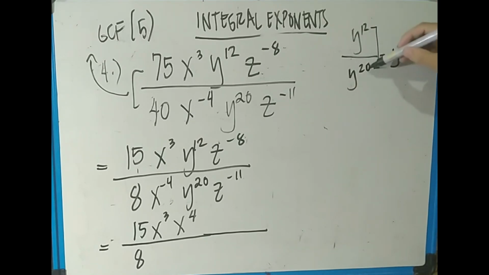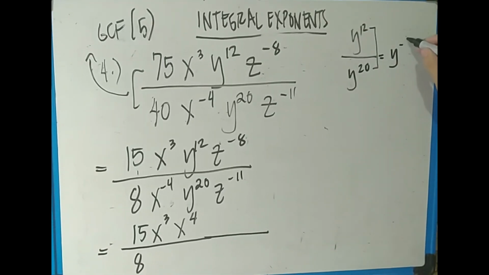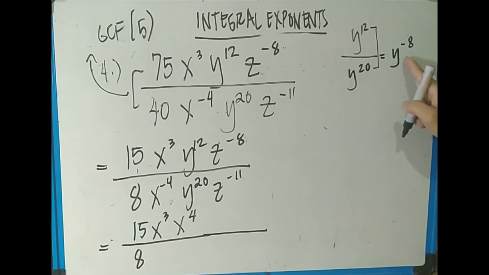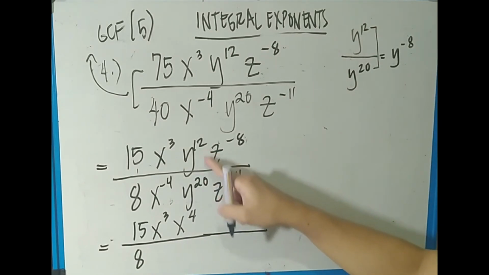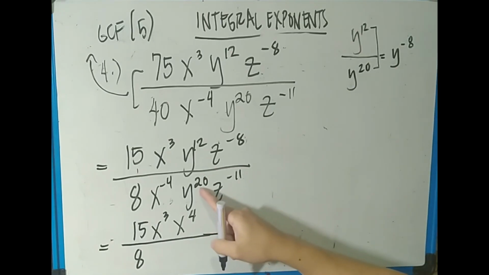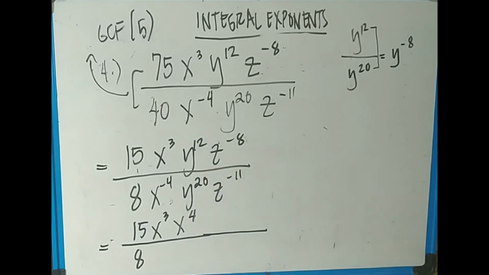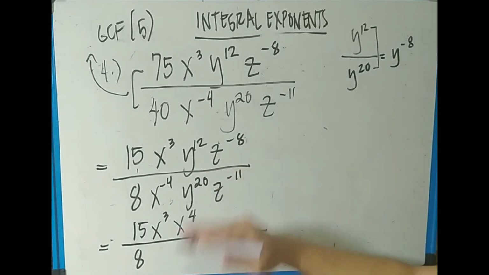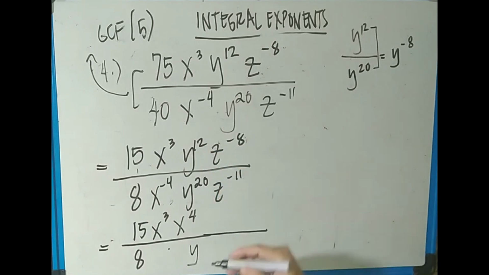So we have 12 minus 20 will give us negative 8. Since negative siya, and greater ang 20 sa baba na exponent and mas mababa yung 12, ang y ay ilalagay natin siya sa baba. So here na po ang y. Then, dito tayo mag-subtract. 20 minus 12 will give us 8.